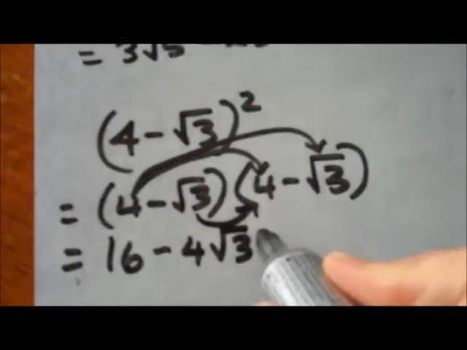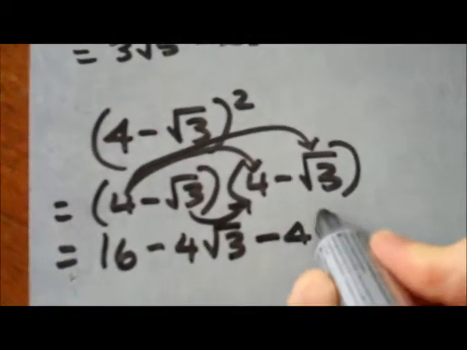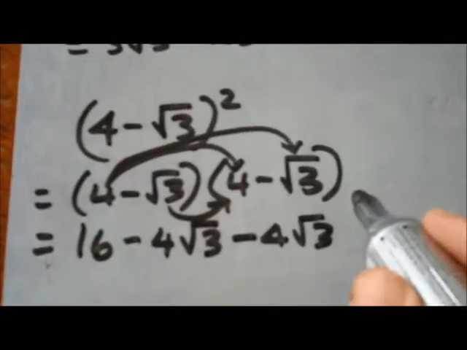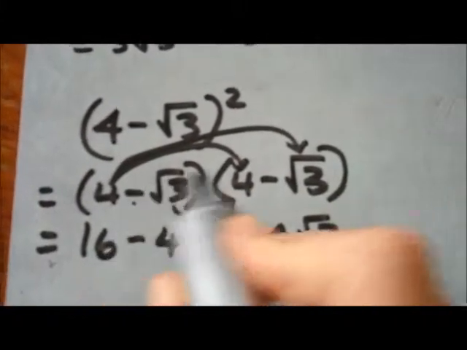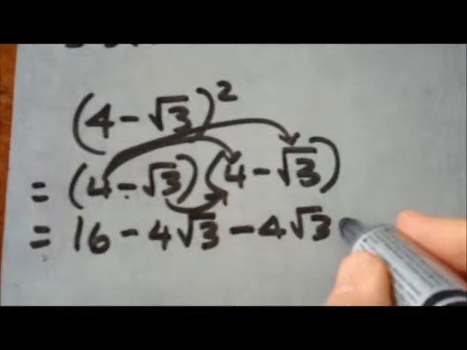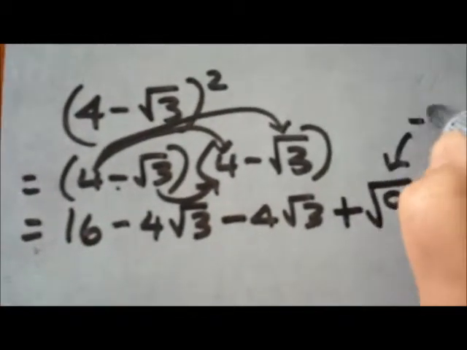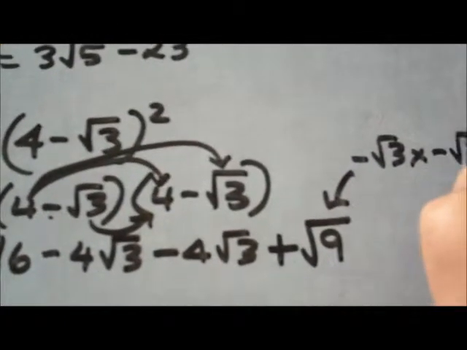This one is also minus 4 lots of root 3 because I've got 4 times negative root 3. And minus root 3 times minus root 3 is plus square root of 9. So this one is the negative of square root of 3 times the negative of square root of 3.